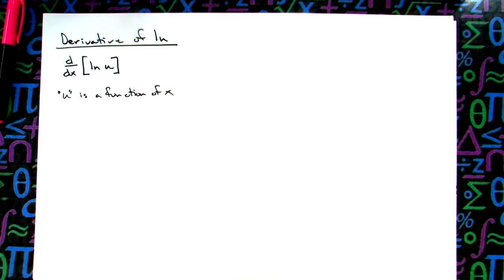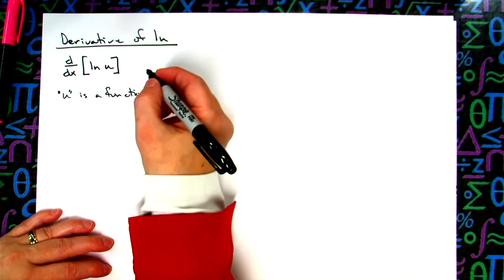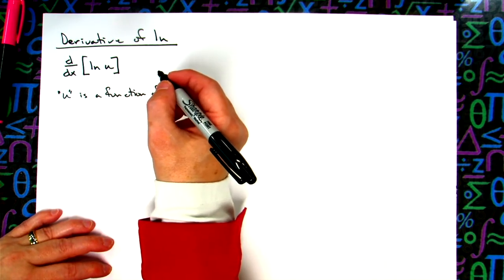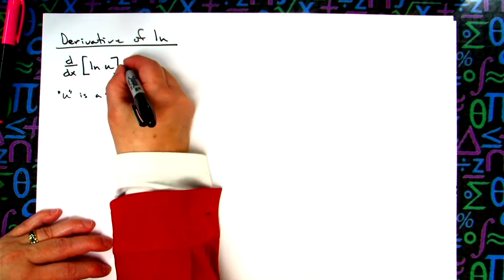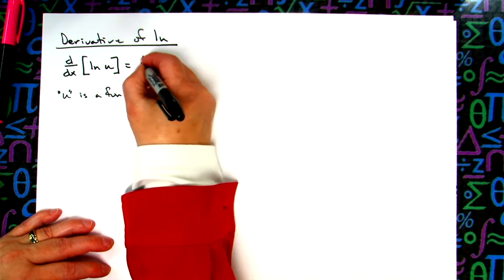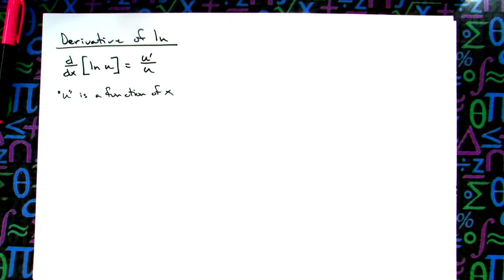Okay, so formula, new one you've got to memorize. So if we do some more memorization formulas, this will be on here now. u prime over u. It's literally that simple. u prime over u. So whatever the inside portion of the log problem is, the derivative of that over the original u.